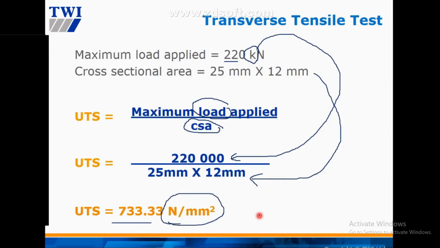There is no more kilonewton because you already used it here. Remember the unit. Sometimes you got the correct answer, the figure is correct, but they will confuse you with the unit, right? And this you must memorize. It's not rocket science formula. It's very easy, straightforward. Load divided by cross section in order to get UTS. Got it? Okay.